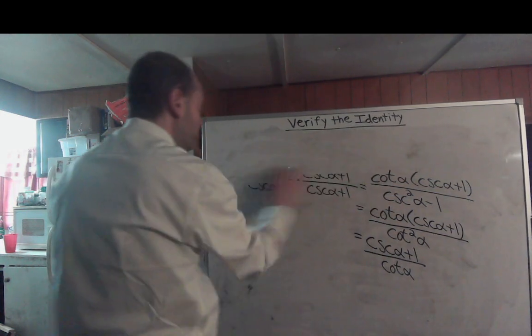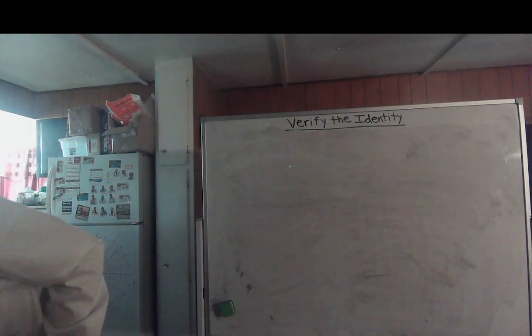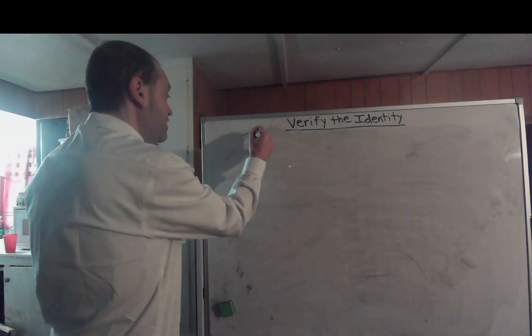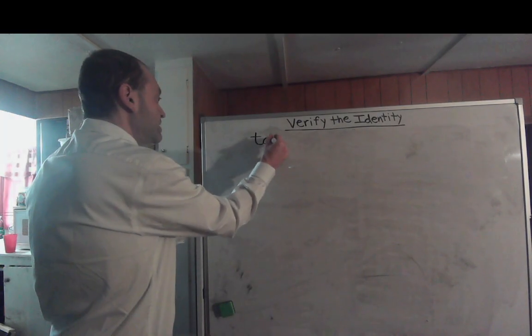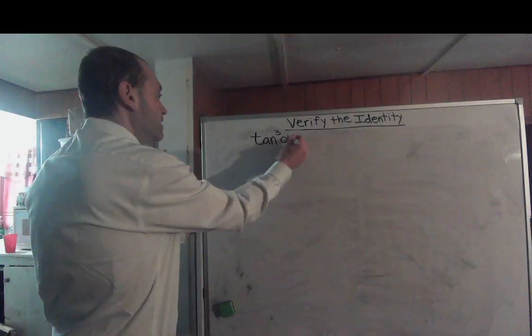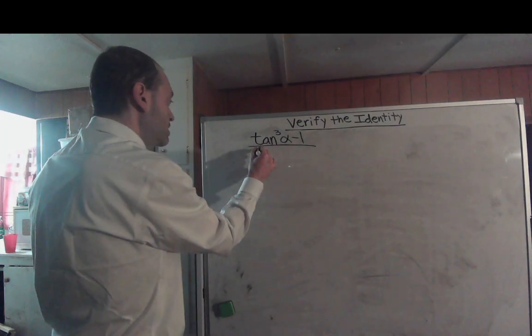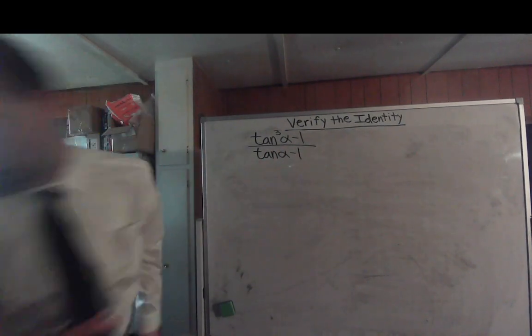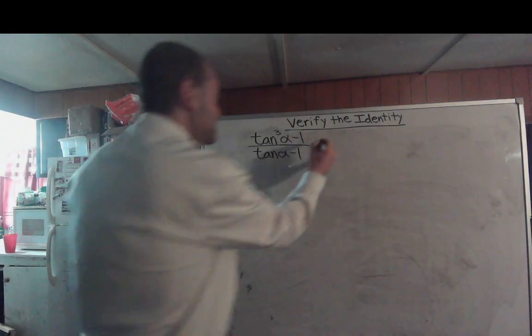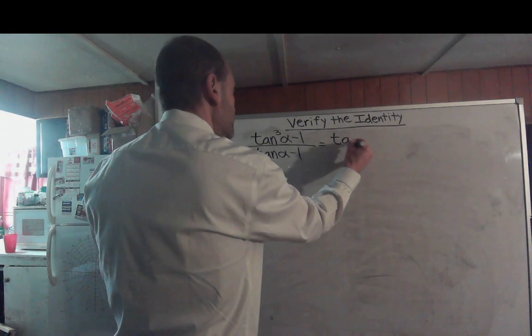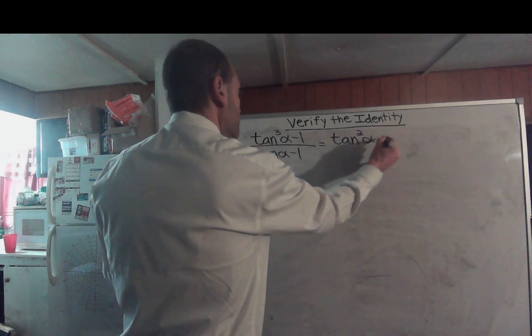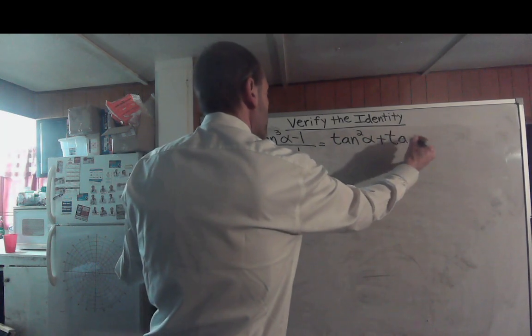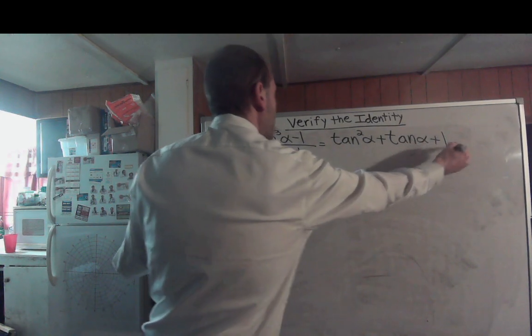Got two more, then we're done. All right, so we have to verify that the tangent cubed of alpha minus 1 all over the tangent of alpha minus 1 is equal to the tangent squared of alpha plus the tangent of alpha plus 1.